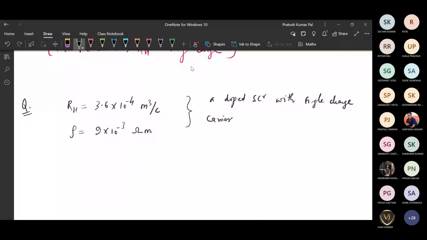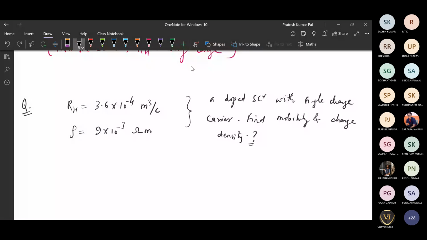This is the doped semiconductor with a single charge carrier, and for that, this is the given condition. We need to find out the mobility and charge density.